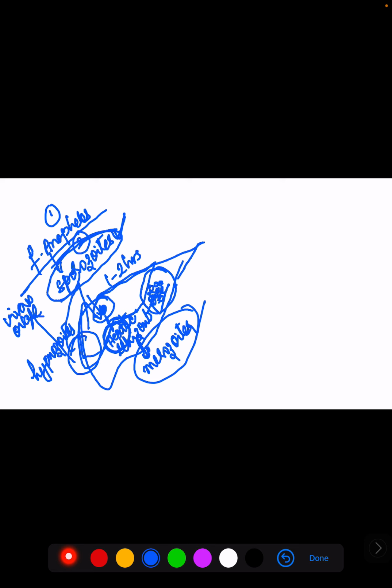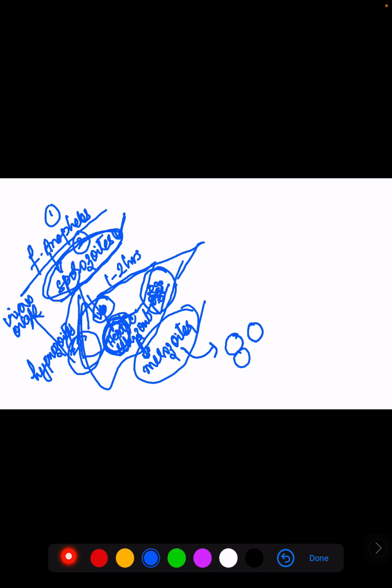Few sporozoites become latent as hypnozoites in cases of infection with vivax and ovale. So from sporozoites come hepatic schizonts, and from hepatic schizonts, merozoites. These merozoites will infect the red blood cells.